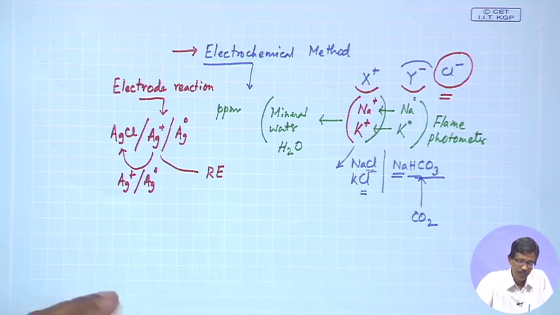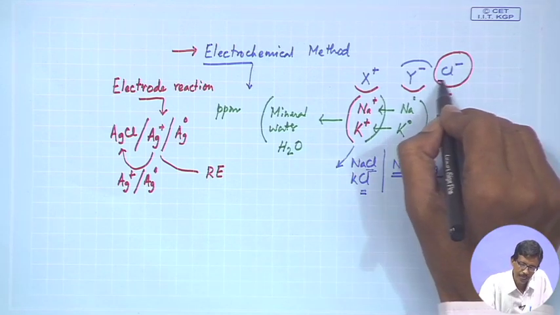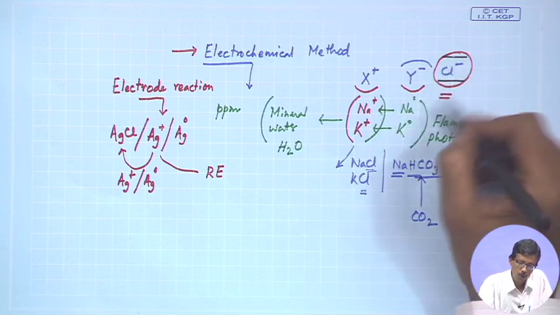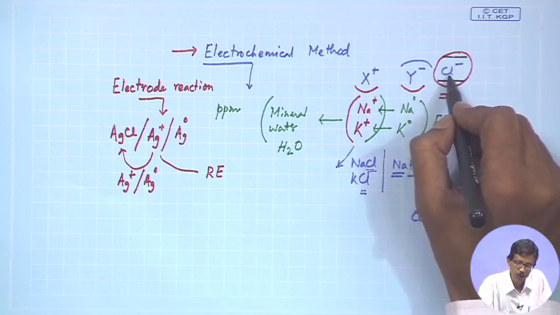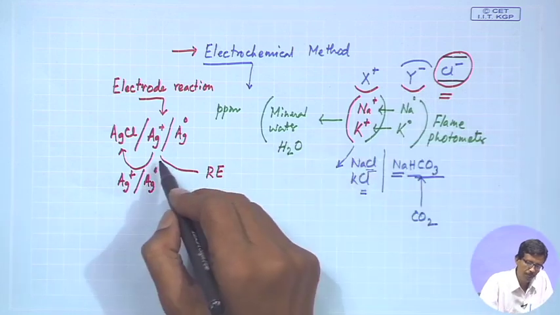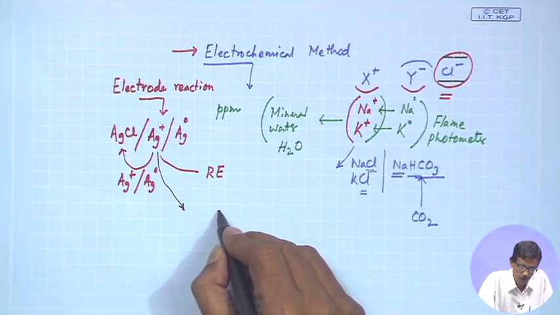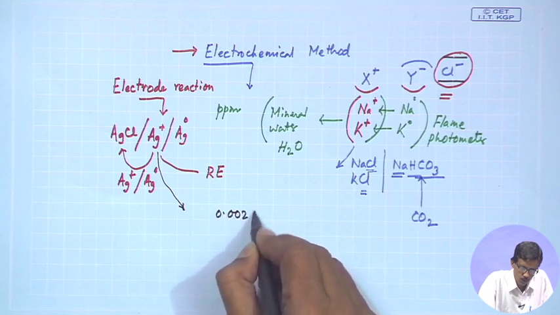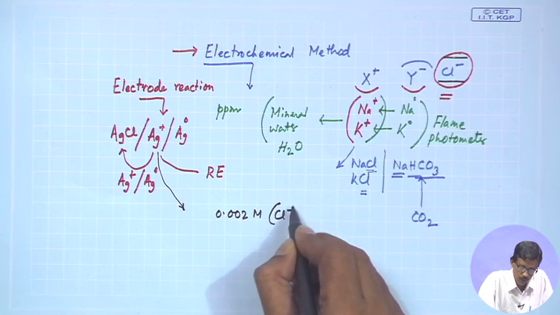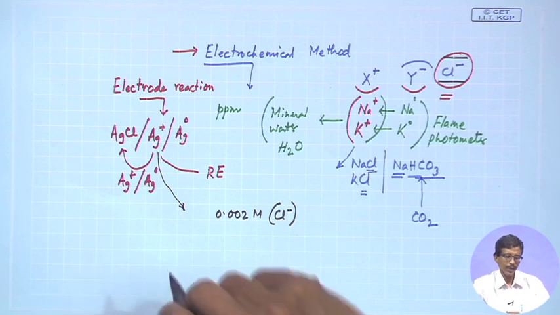So, in some way, if we can have a good idea of an electrochemical method where the system can sense the chloride ion concentration, because in making these half cells, what we have seen is that a certain amount, 0.002 molar, of chloride concentration was required for making that particular cell.